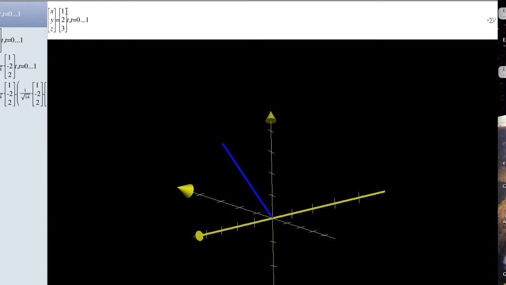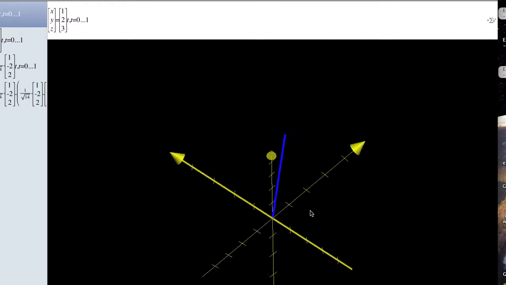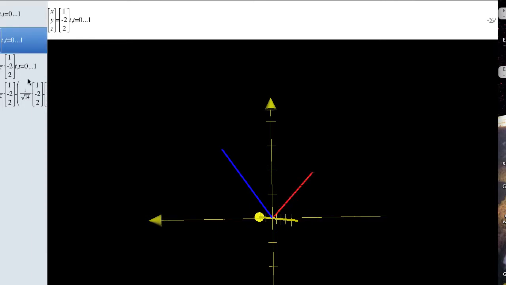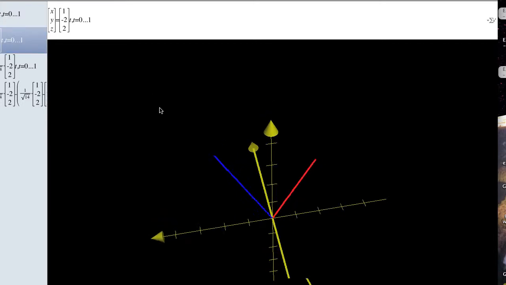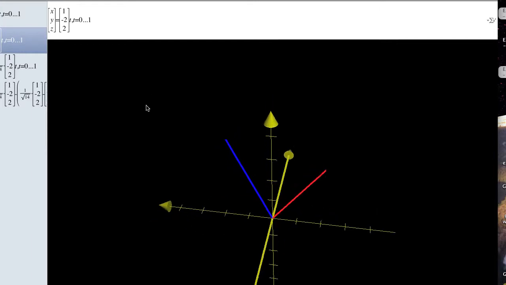It's 1 times i, look up here on the top, 1 times i plus 2 times j plus 3 times k. So that was a vector from a previous example. And I have it drawn here, my three-dimensional coordinate axis. That's the blue vector. Okay. Now let me draw my other vector here, the red vector, which is 1, negative 2, 2, right there, just like that. Okay, so again, that's a vector from the last example.